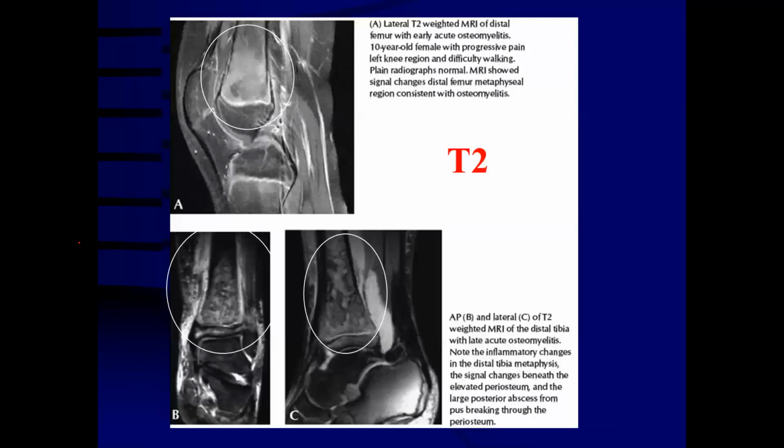Technetium bone scans or gallium or indium all show an increased uptake. If you want to tell whether there is multiple involvement, a PET scan will help. So don't forget this. On MRI, you have an increased signal intensity on T2.